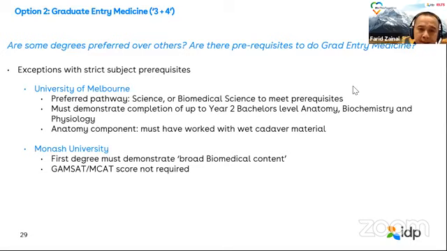And specifically, candidates will need to have done year 2 level of the subjects anatomy, biochemistry, and physiology, right? And also a little known fact, for the anatomy component, candidates will have to have worked with cadaver material, all right? Yes, so this one definitely will have to be taken note of if you are looking to explore the bachelor degree in the University of Melbourne.